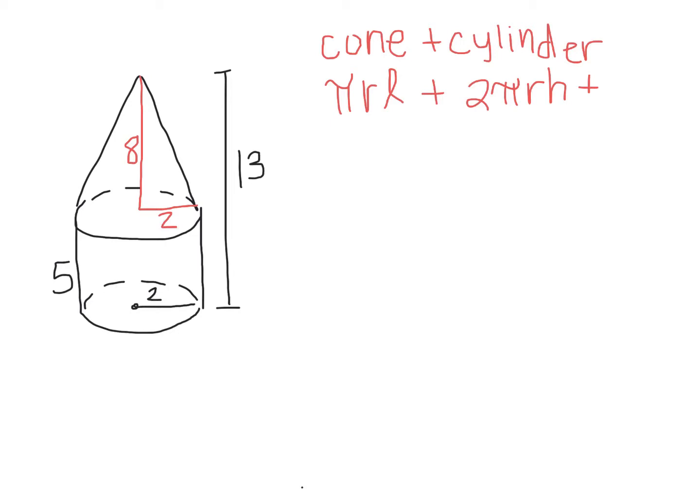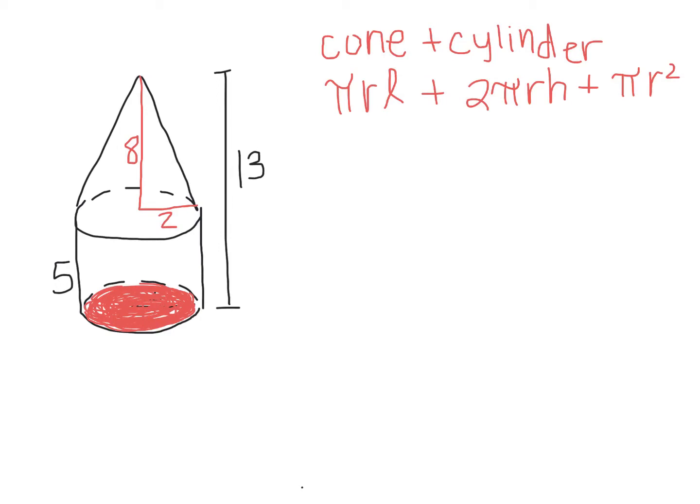We're only adding the area of one circle, because when we look at our solid, there's only one circle that we would actually touch, and that's this circle down here at the bottom. The circle that is connecting the cone and the cylinder is not something we would be able to touch, so it's not considered part of our surface area.